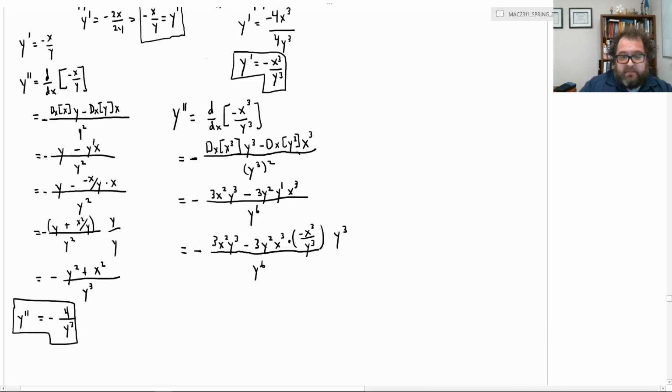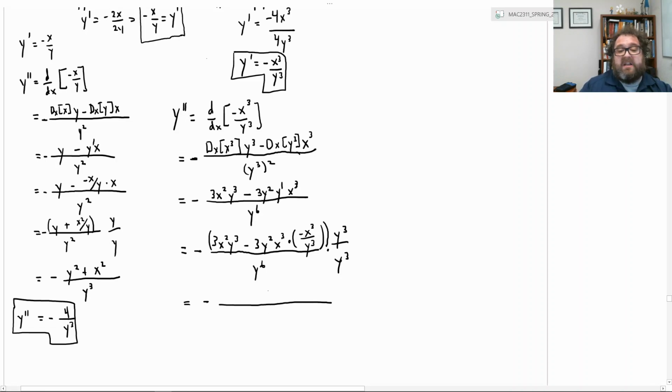So I'm multiplying by 1, essentially, because y cubed over y cubed is indeed 1. All right, so what's going to happen here? I'm going to need to distribute on the numerator. On the denominator, you can just multiply y cubed times y to the 6th power. Easy peasy. On the numerator, though, it's going to take a little more work.